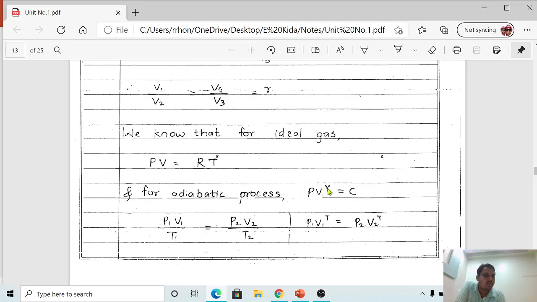This gamma is nothing but the adiabatic index. Similarly, if more processes are there, we can write P1 V1 raised to gamma is equal to P2 V2 raised to gamma is equal to P3 V3 raised to gamma, and so on. Here we are just taking up to two equations. P1 V1 by T1 is equal to P2 V2 by T2 from the simplified one, and from the other equation we have P1 V1 raised to gamma is equal to P2 V2 raised to gamma.